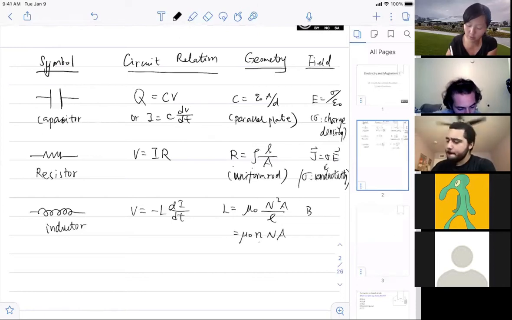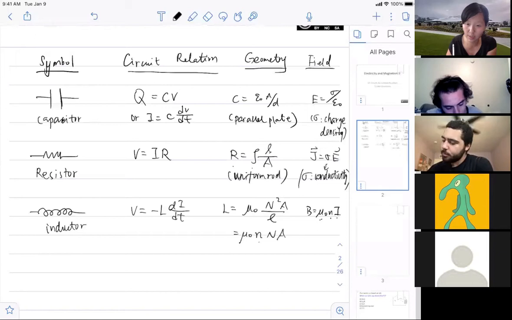The magnetic field for a long solenoid is a constant, which is mu naught times number density times I. Little n represents how many turns you wrap around per unit length. Or the flux for a solenoid is L times I, which is the current.